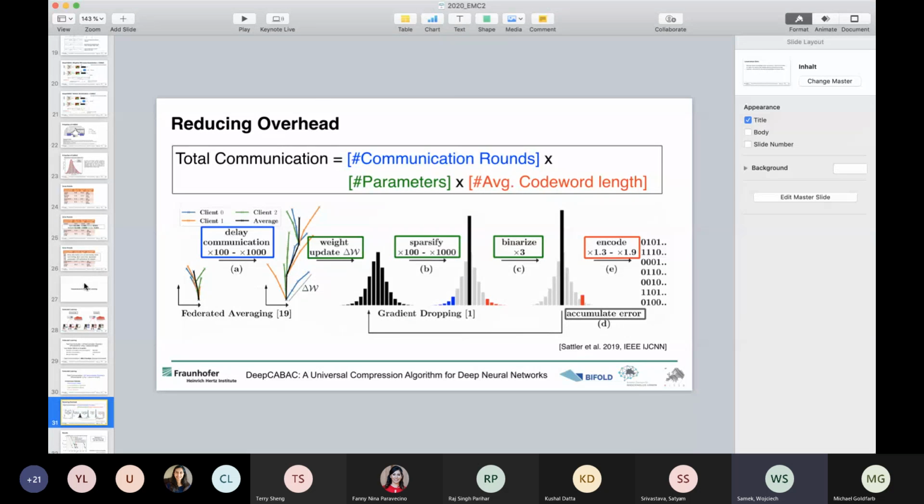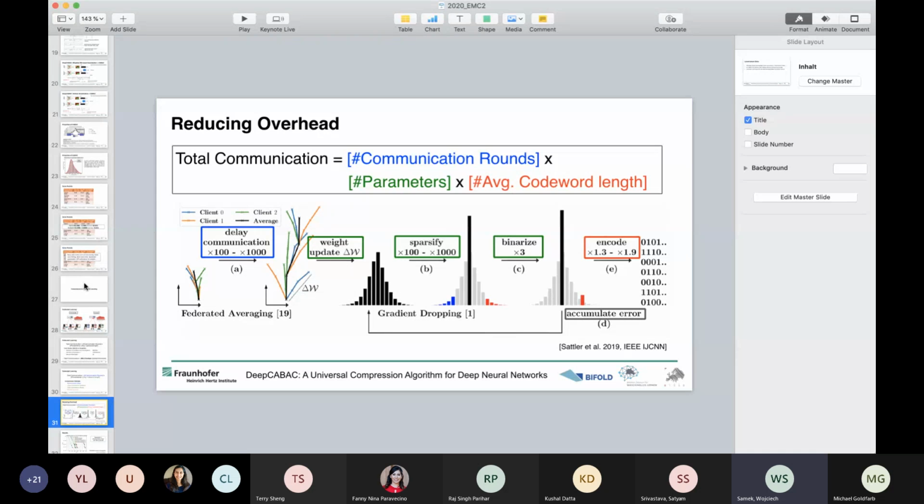And this is what we did a few years ago. Actually, the paper was published last year, but I think we developed it two or three years ago, where you combine a lot of these tricks. For example, you use some communication delay, like in federated averaging.